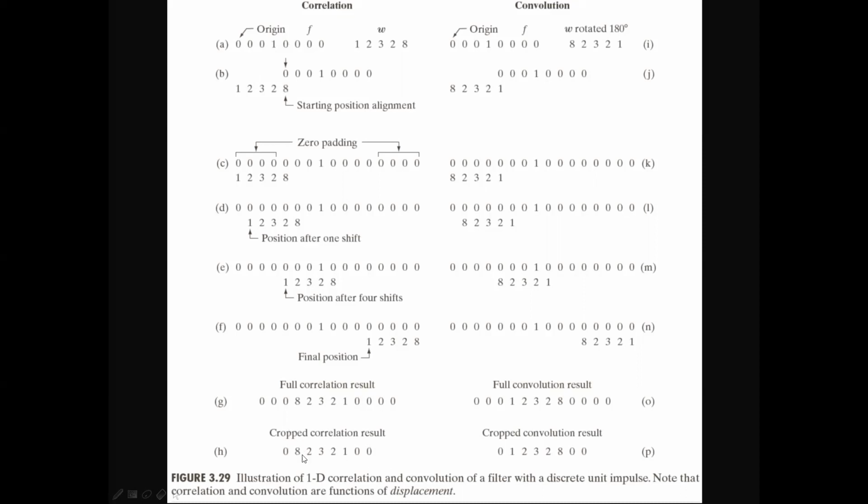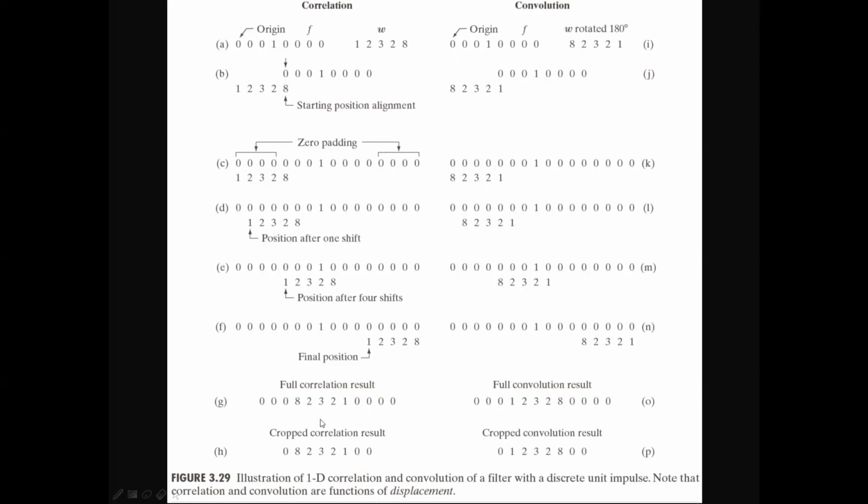So from 0, 0, 8, 2, 3, 2, 1, 0, 0, 0, 0, we get a total of 8 samples. To get those 8 samples, we need to remove 2 zeros on the left side and 2 zeros on the right side of the full correlation result, which is shown in step G.